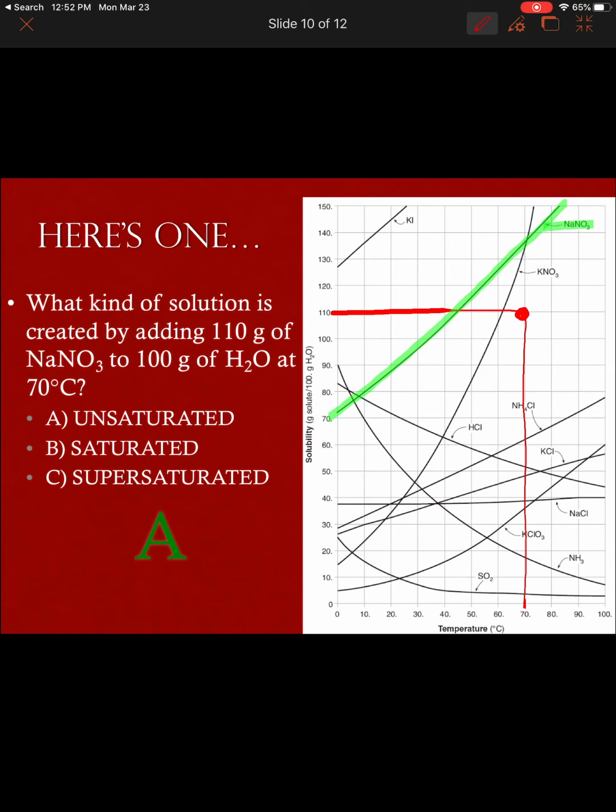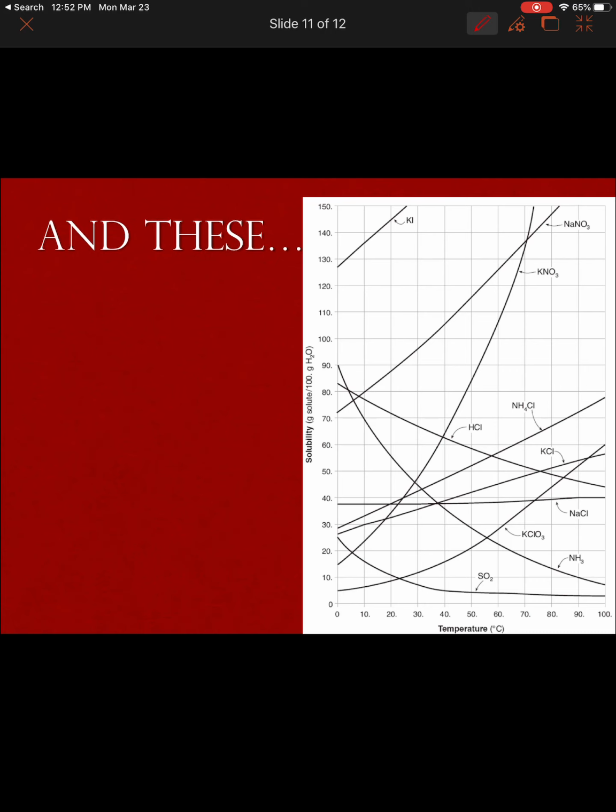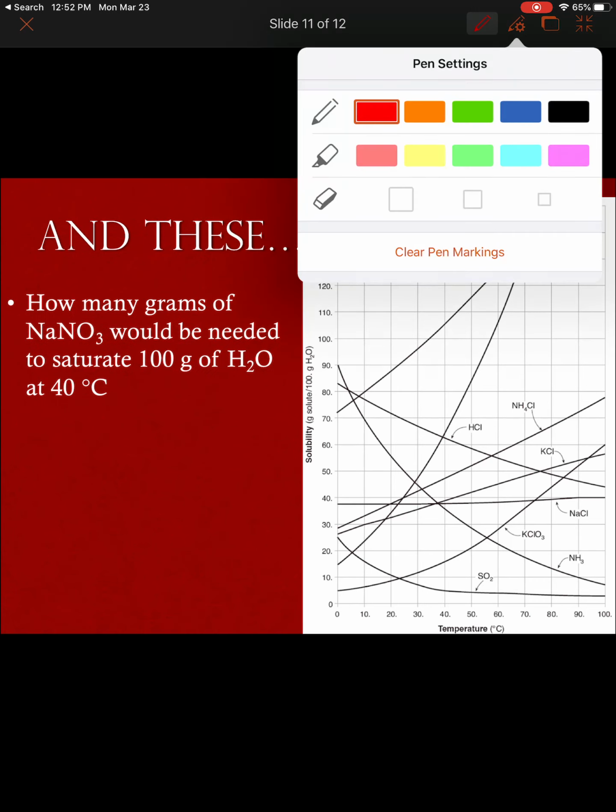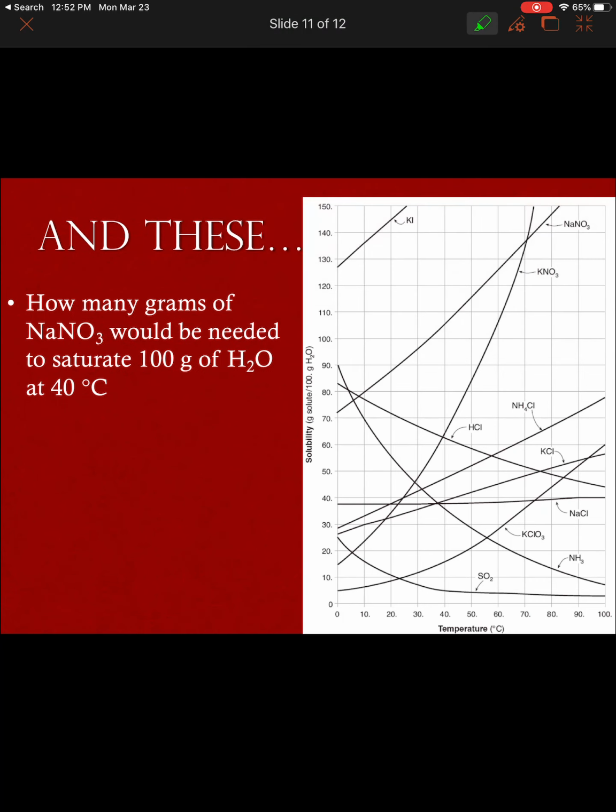So I'm hoping this is becoming a little bit more comfortable for you using this table. Okay? The more practice you get with it, the easier it's going to be. Let's look at another one. Here we have how many grams of NaNO3 would be needed to saturate 100 grams of water at 40 degrees Celsius. So here's NaNO3. Here's the curve we need. The whole thing is 100 grams of water.